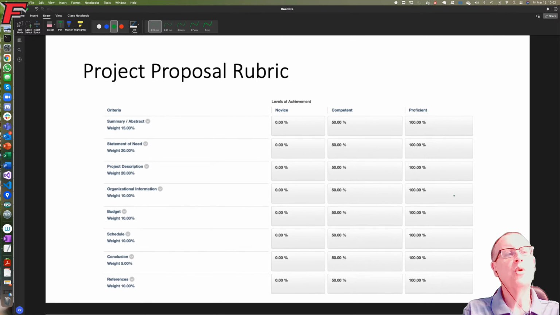But I'll talk more about peer assessment later, once we've worked together a bit more as a team.